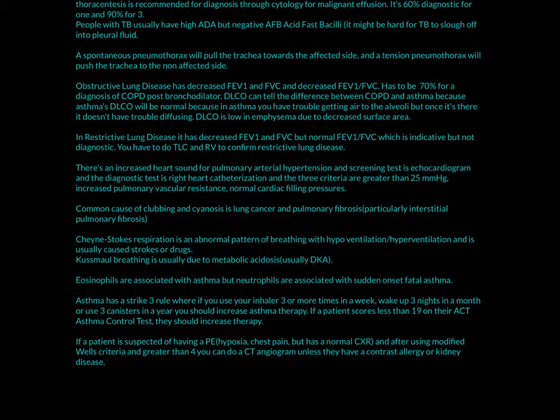But in COPD, and emphysema is a type of COPD, DLCO is low just because there's decreased surface area. Remember that in emphysema, the alveolar walls are destroyed and therefore you have decreased surface area. In restrictive lung disease, you have decreased FEV1 and decreased FVC, but you actually have a normal FEV1 over FVC ratio.